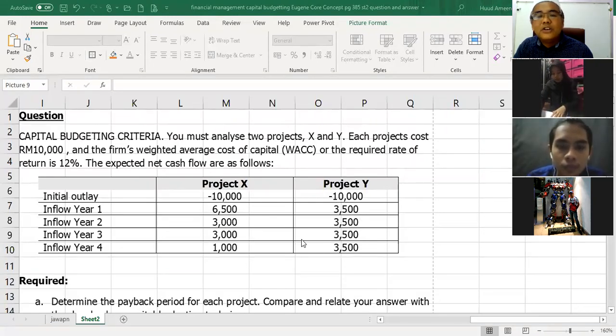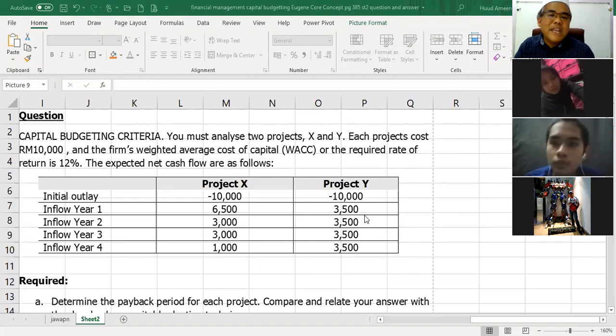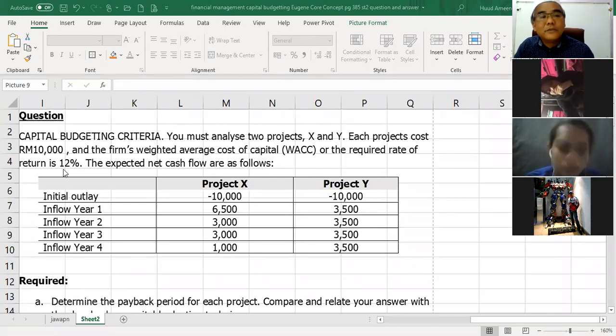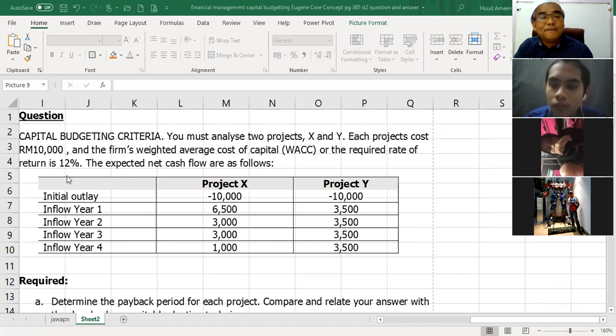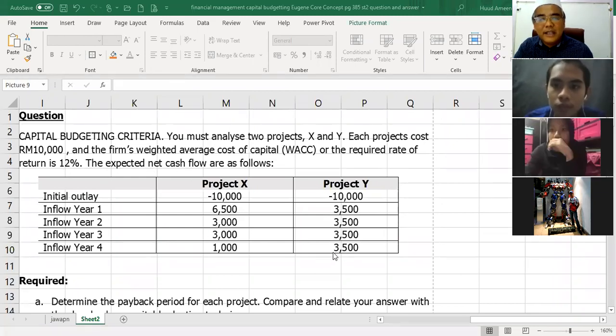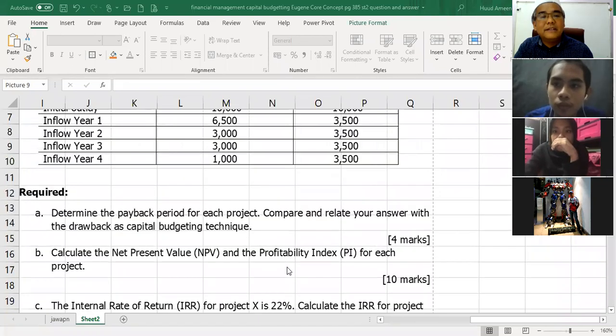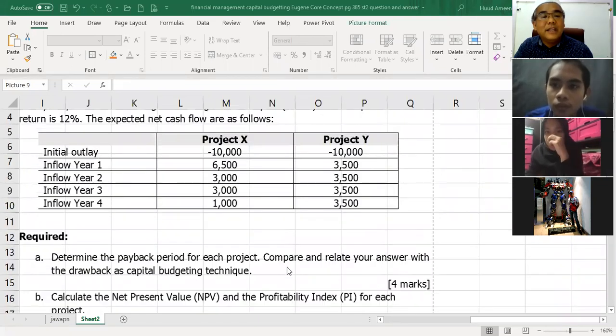So you can highlight that project Y is an annuity, because every year is the same amount, and assume the same percent of required rate of return. This is the scenario of the projects, and then you have to calculate using technique methods to find which one is the best.